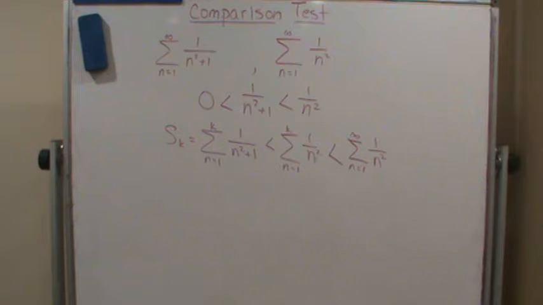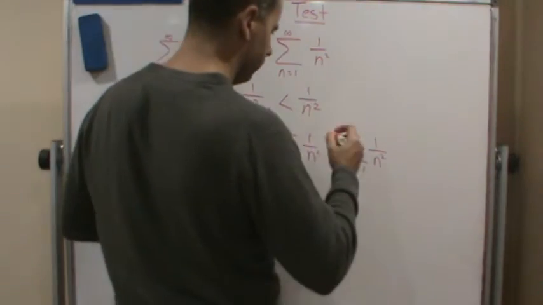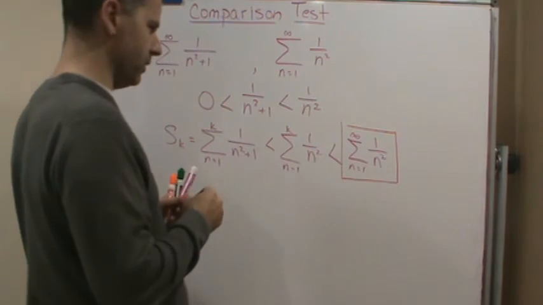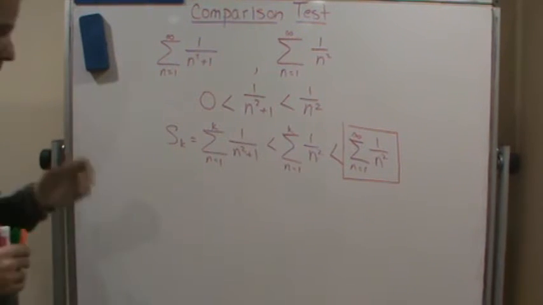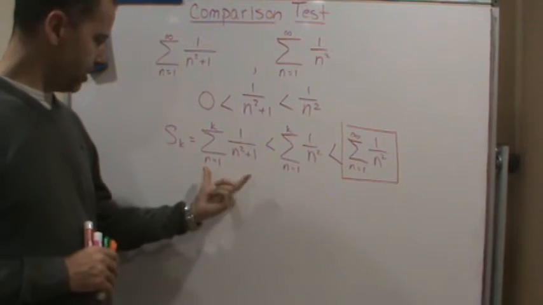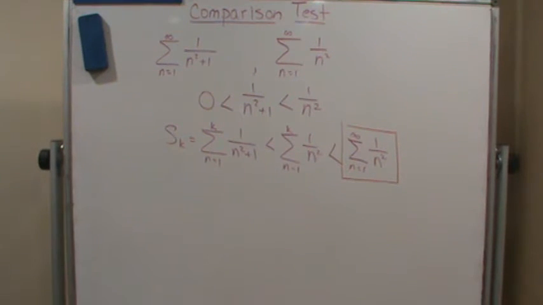Well, the series on the right converges. It's a convergent p-series. So we know that the sequence of partial sums for this one is bounded from above.